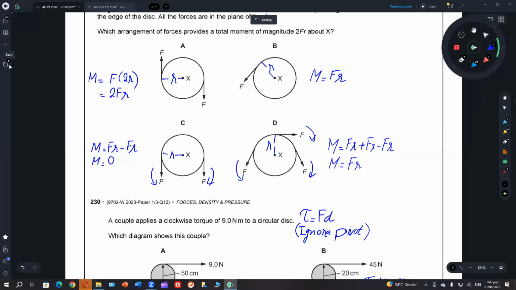Now, what do you suggest the required answer? I think it's A. That looks fine.